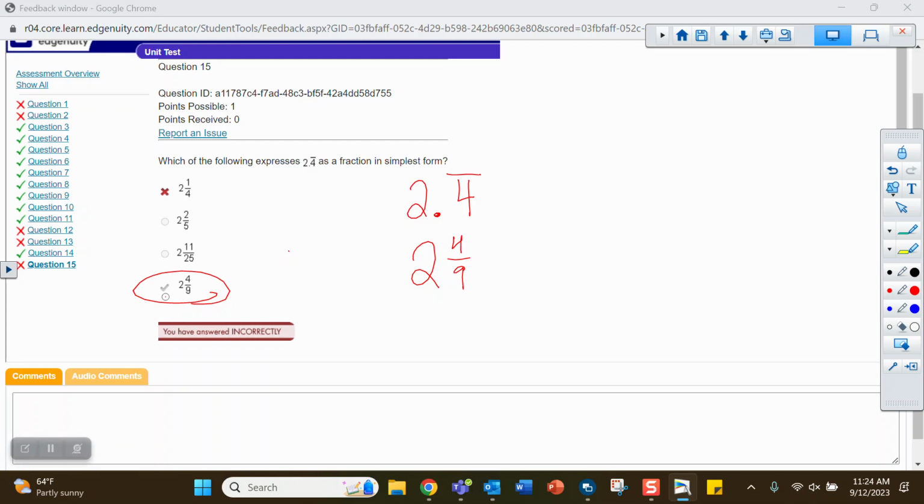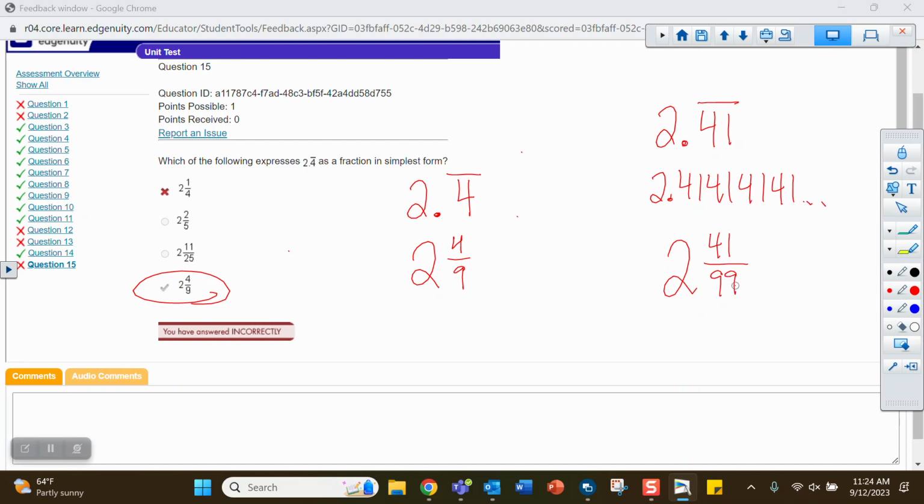Now, if you have multiple digits that repeat, like different digits that repeat, for example, let's say it was 2.41 and the 4-1 repeated, 2.41414141, right, like this. Because you have two different digits that repeat, we would write the repeating portion over 2 9s.